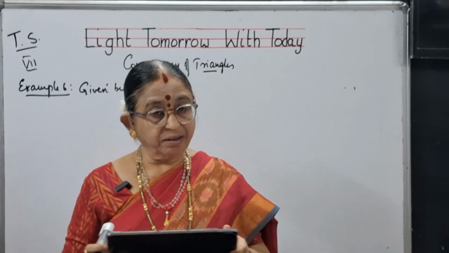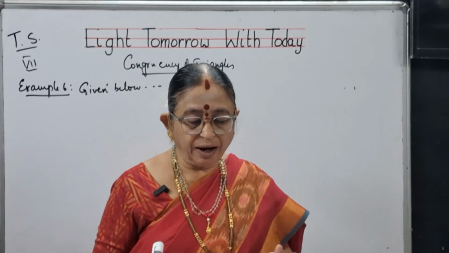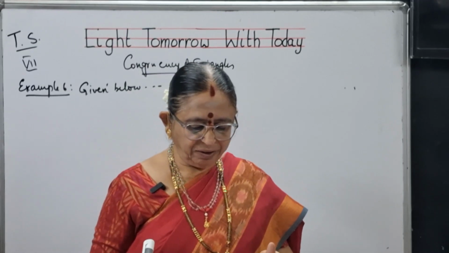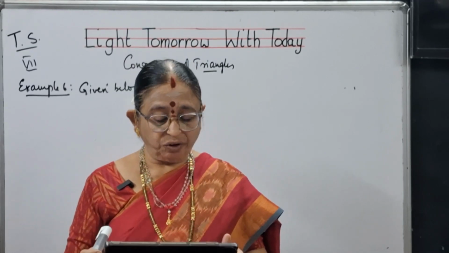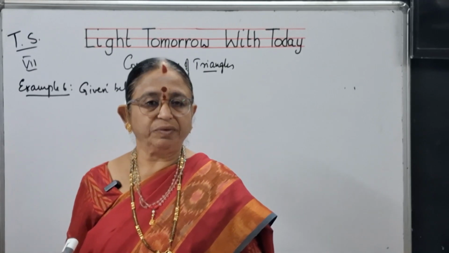Examine whether the two triangles are congruent or not using the RHS congruence rule. In case of congruent triangles, write the result in symbolic form.